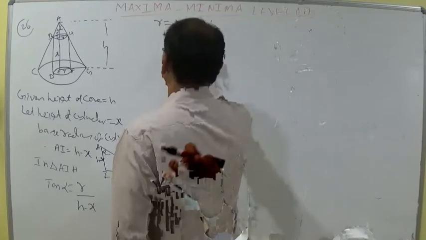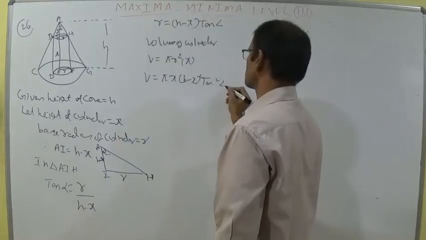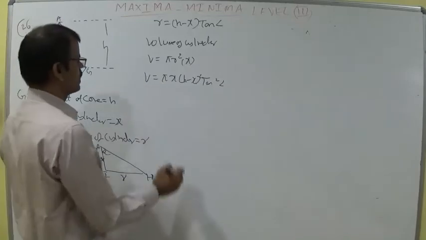So V is equal to pi into x into, instead of r you can write h minus x whole square into tan square alpha. So V is equal to pi tan square alpha into x into h minus x whole square.